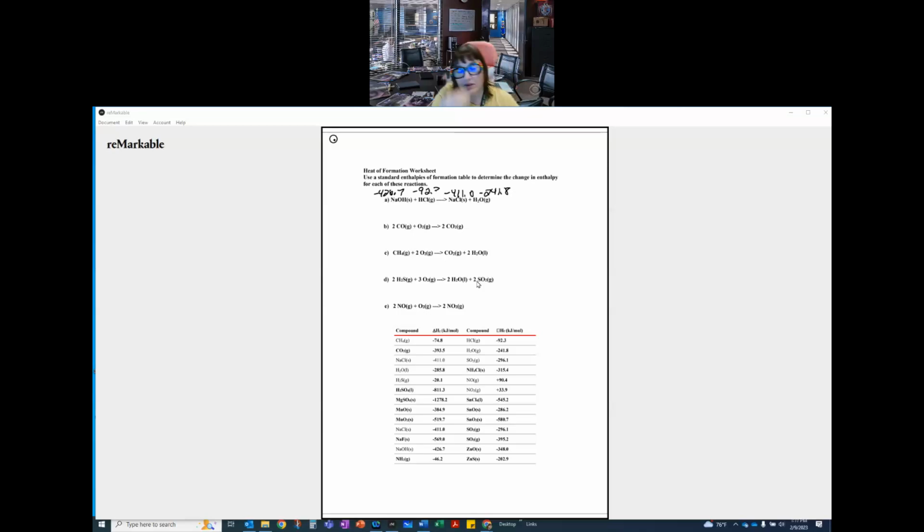92.3. Okay, now remember, we're looking at products minus reactants with the stoichiometry included. So I don't see any stoichiometry here I need to worry about. So it's going to be the products, negative 241.8 plus negative 411.0.